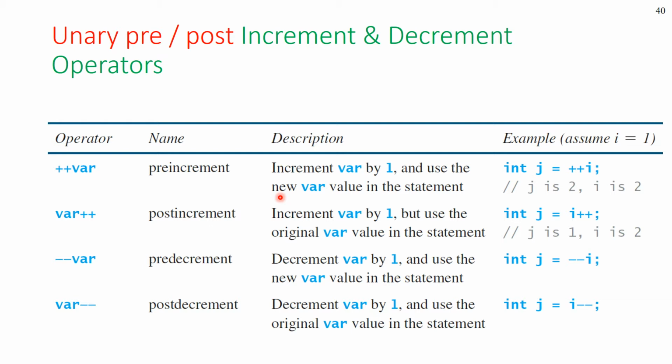It's a little confusing to some students every semester, because you would think pre is I use the old value, post I use the new value, but no, it refers to when you apply the incrementation. So pre-incrementation, first you increment the variable, then you use the new value. Post-incrementation, first you increment the variable, but you use the original value.